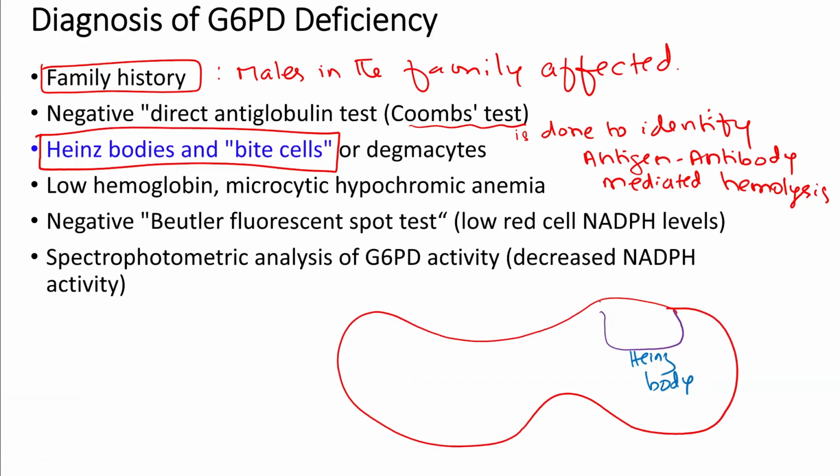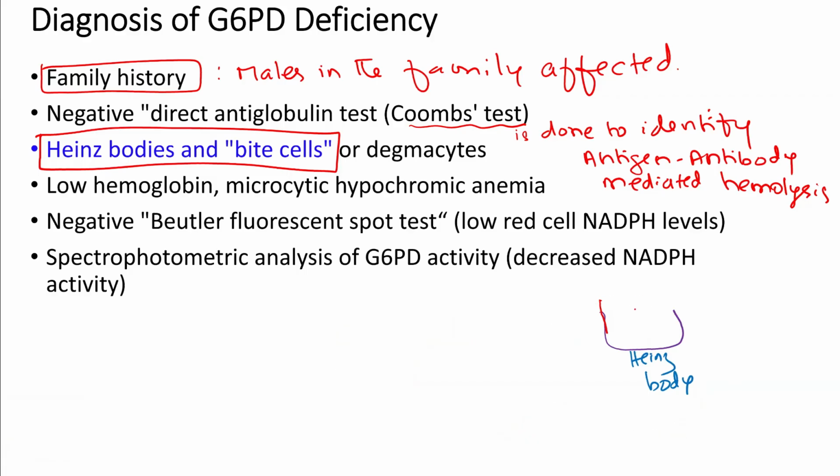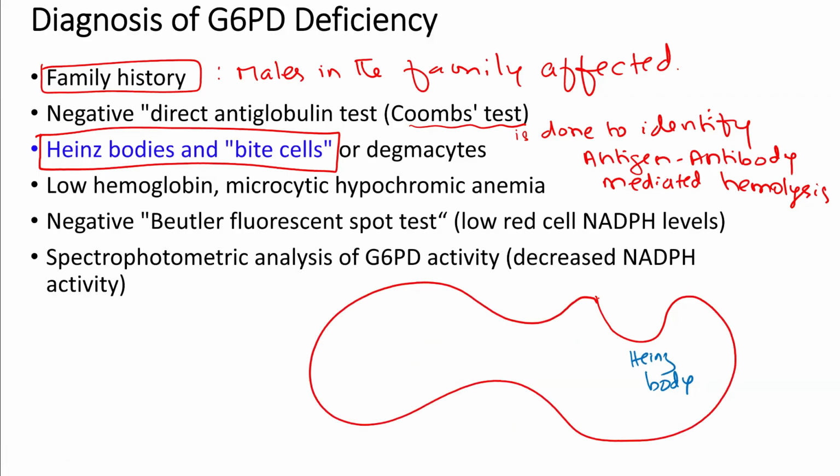So this particular portion appears something like this. You don't see that part clearly, only that part. This is a biconcave shaped red blood cell, and only that portion you don't see clearly in the microscope.